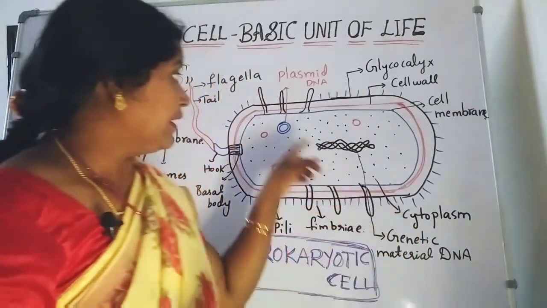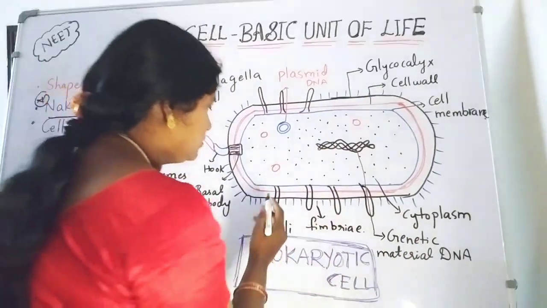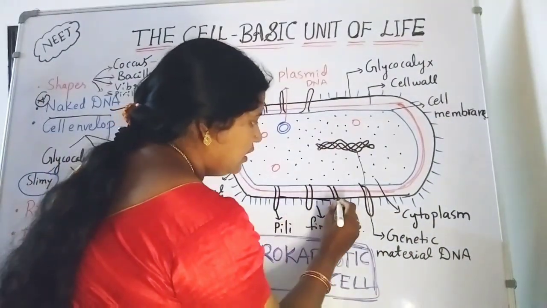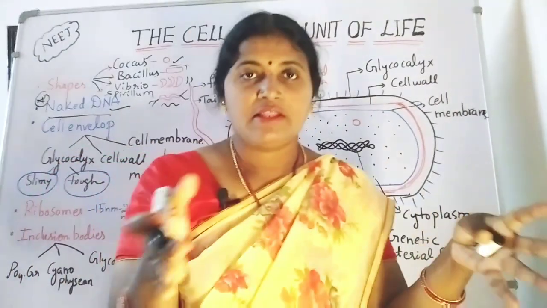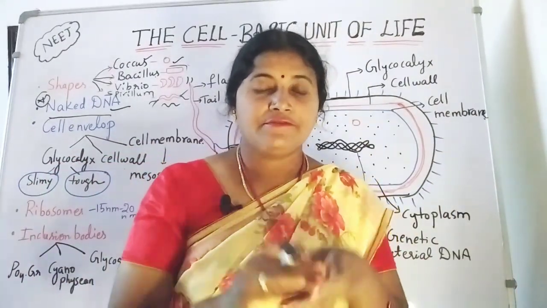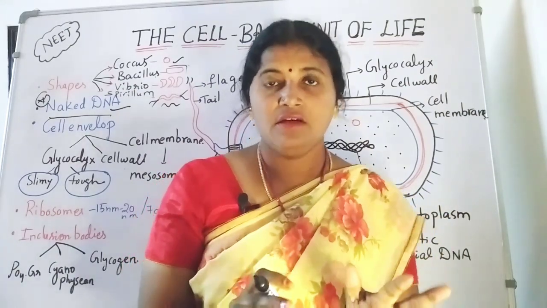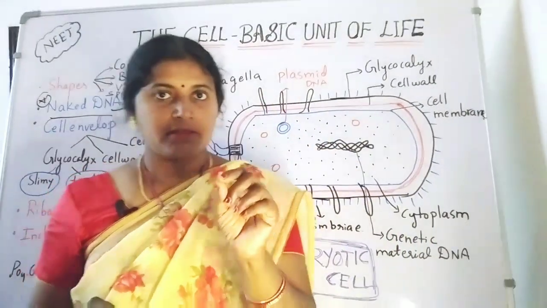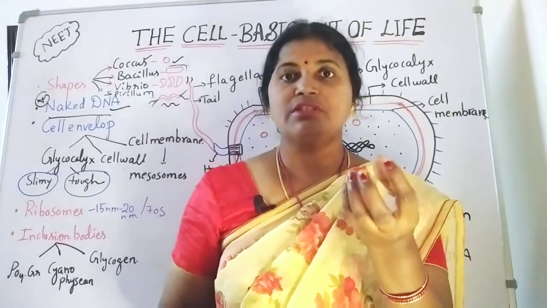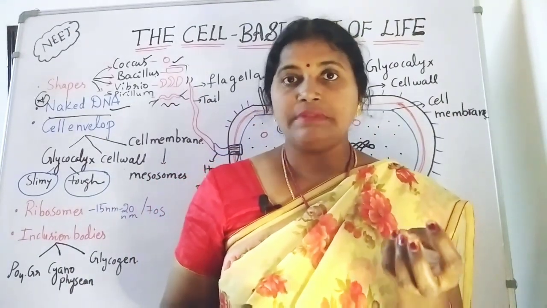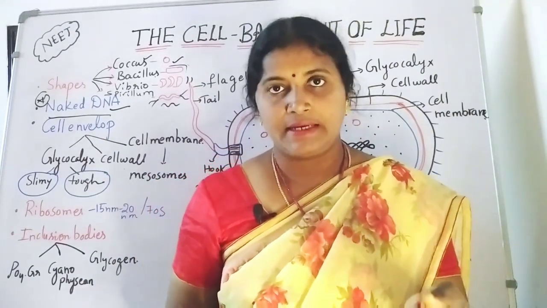This glycocalyx, the outermost layer, differs in different bacteria. In some bacteria it may have a slimy composition, meaning it contains a lot of fluid content.